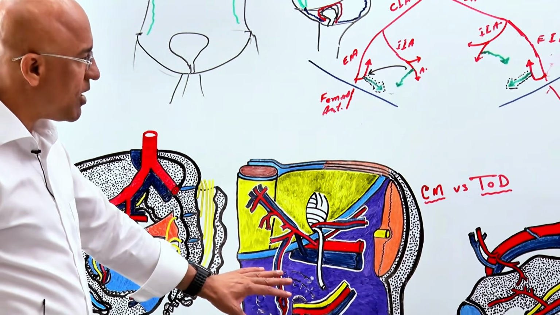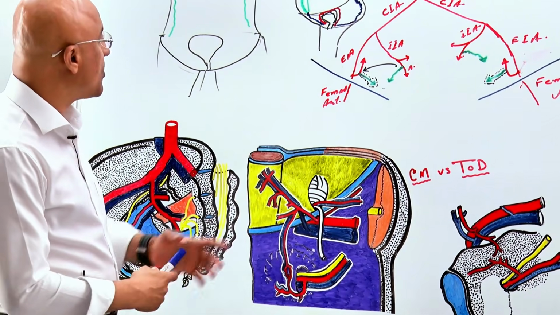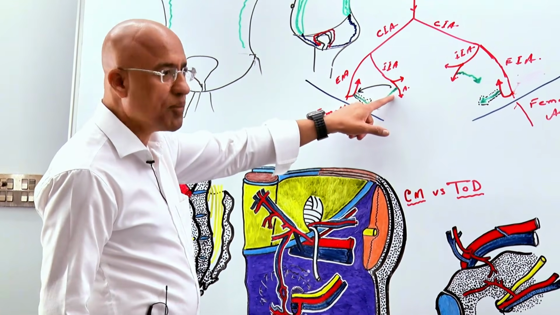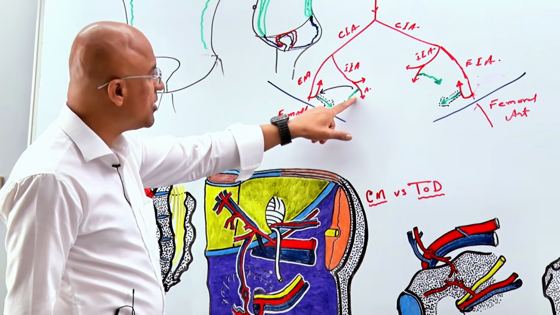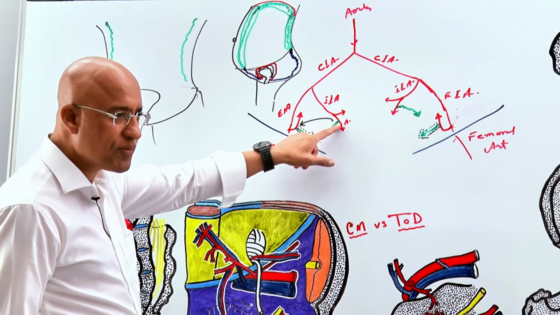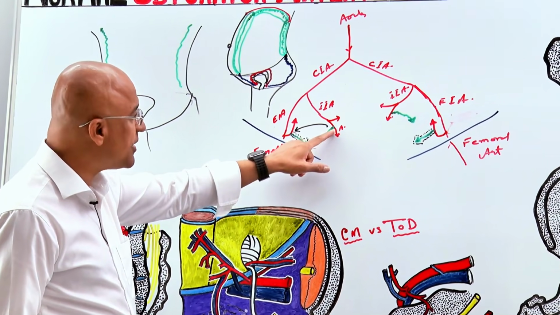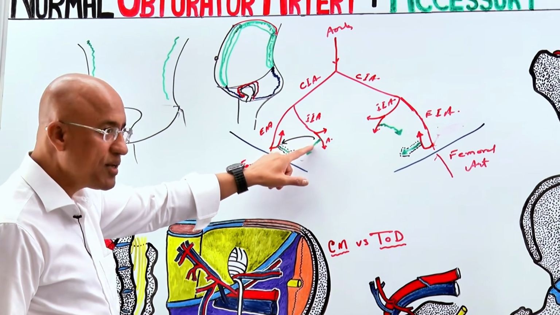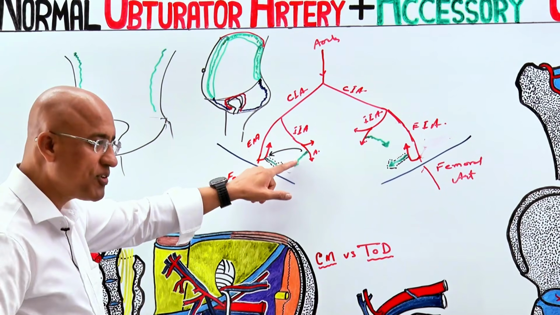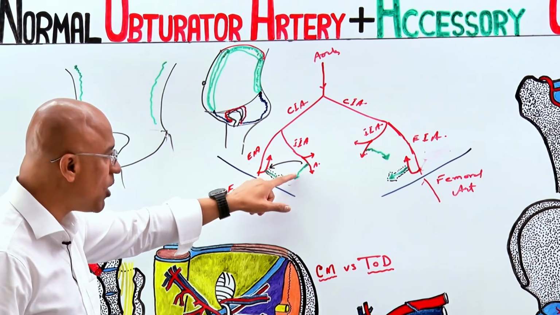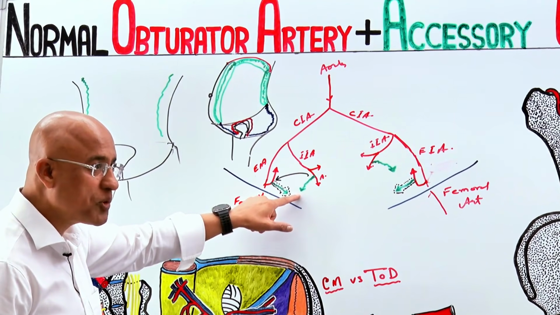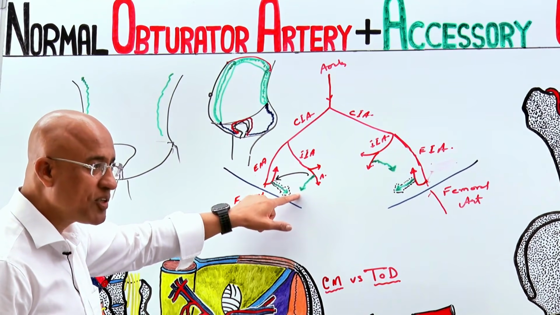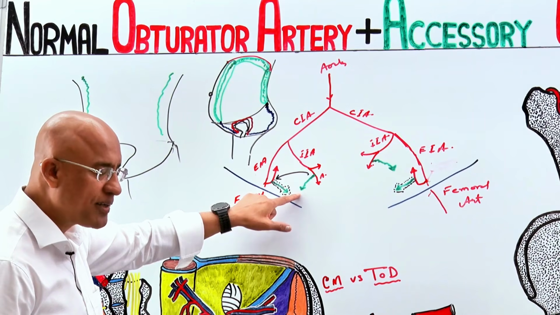So what we have learned up to now is that this artery was the normal one, right? The normal artery takes origin from the anterior division of the internal iliac artery, and then it moves forward and downward and a little sideways on the lateral wall of the pelvis, lying on the obturator fascia, which is a specialized part of parietal pelvic fascia, right?